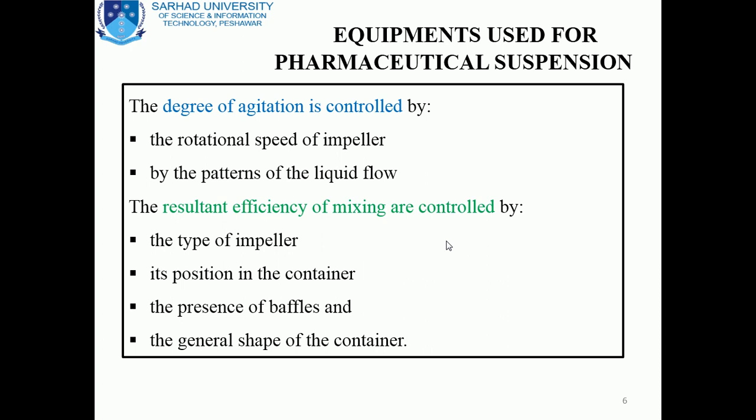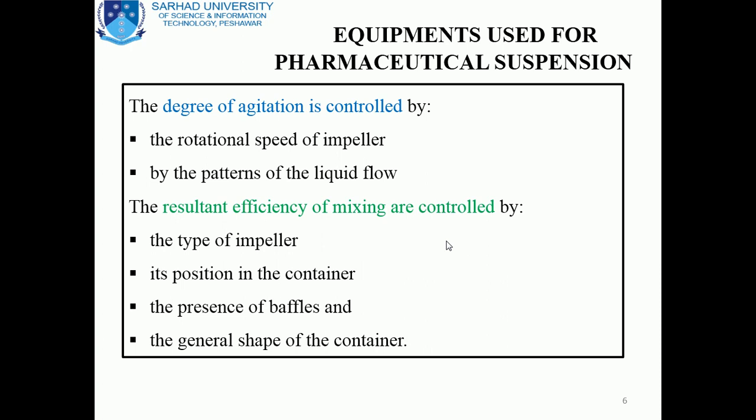The degree of agitation is controlled by these two factors, either by rotational speed of impeller or by the patterns of liquid flow or a combination of both, while the resultant efficiency of mixing is what we are desirous of making efficient. The efficiency of mixing will be controlled by four factors.